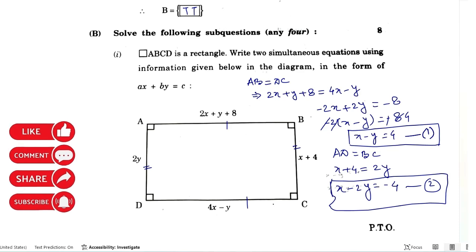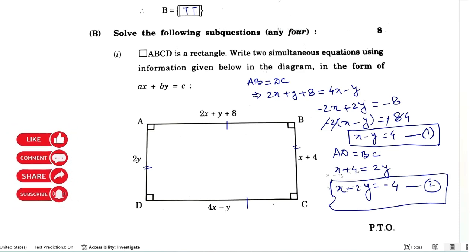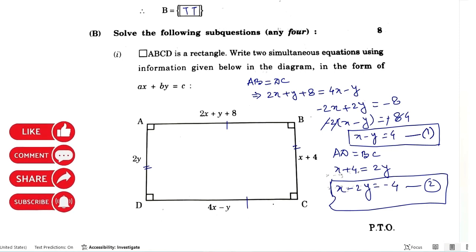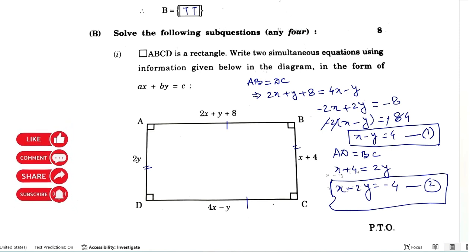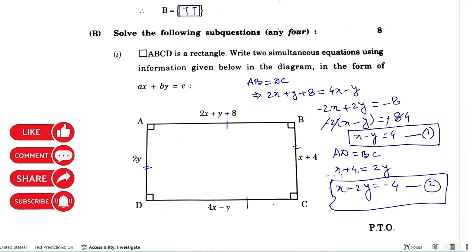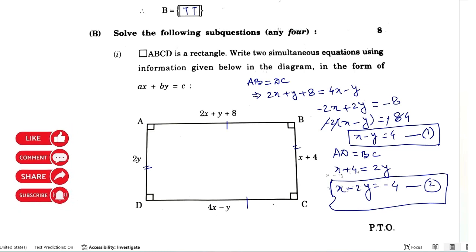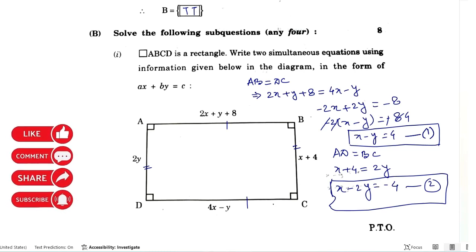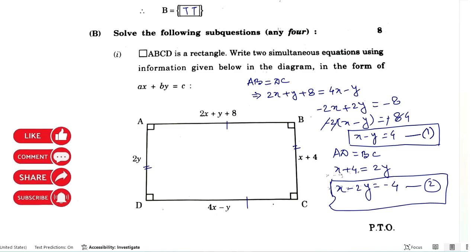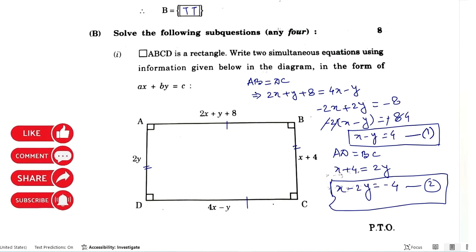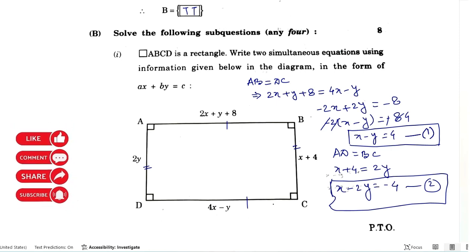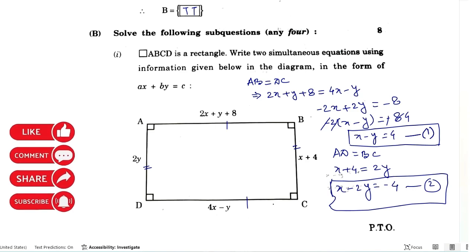So simply equate AB with DC, put the expressions which are given here, and you will get x minus y equal to 4, which is the first equation. Similarly, equate AD with BC, and you will get the second simultaneous equation, x minus 2y equal to minus 4.